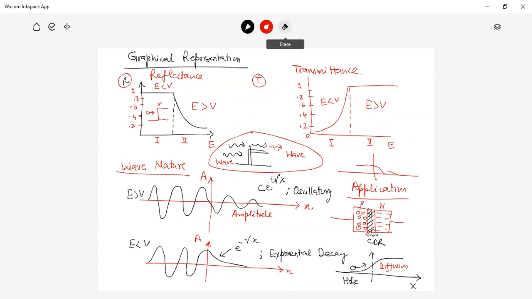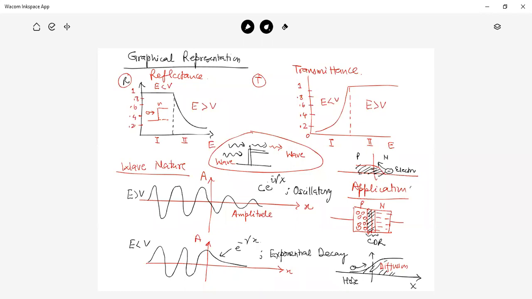For the electron, if the electron wants to move, then this is p-type and this is n-type. The electron will follow the potential barrier. Here it is the potential barrier.